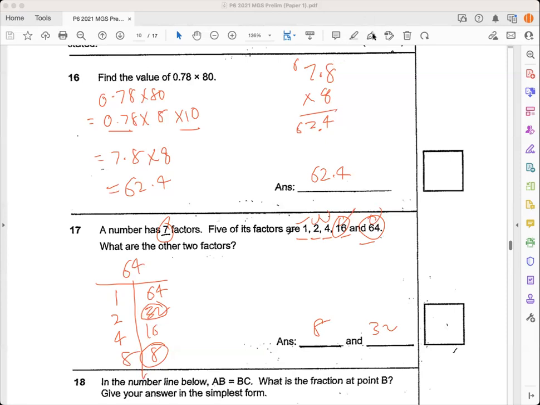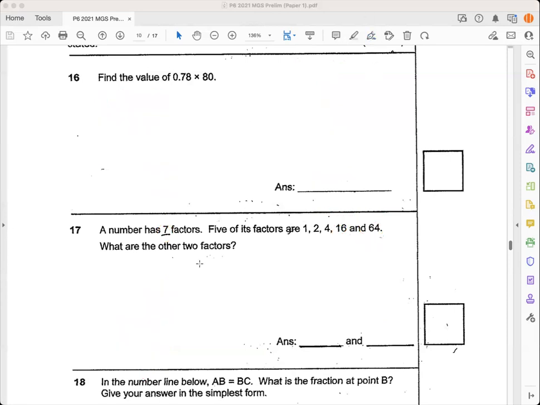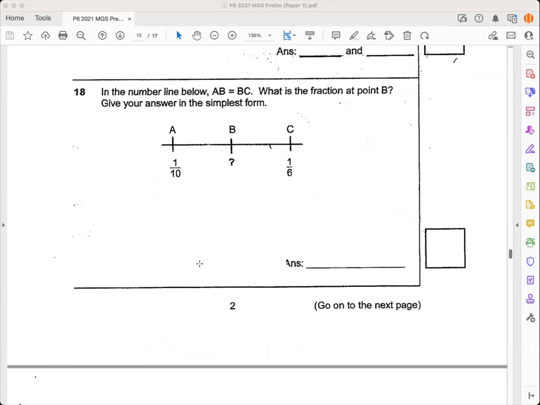Question 18. This is a typical question to find the midpoint between two fractions. The way to do it is to add up these two numbers and divide by 2. So 1 over 10 plus 1 over 6. The lowest common multiple of 10 and 6 is 30.